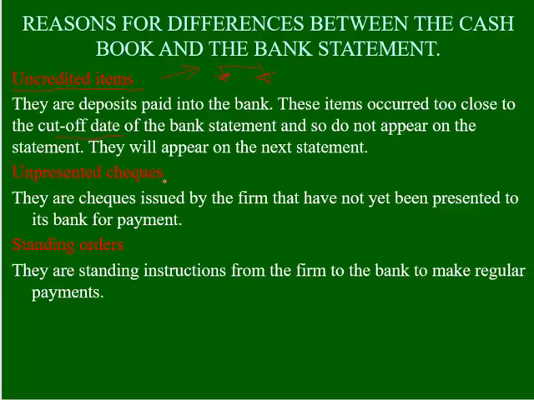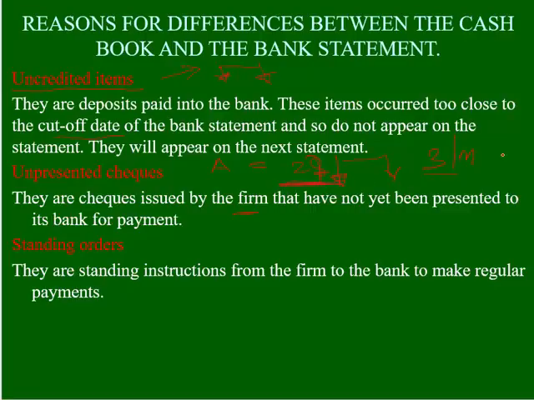The other one is unpresented check. These are checks issued by a company that have not yet been presented to the bank for payment. I'll give an example. Last time you gave Mr. A, let's say, a check on the 27th of February, for example, and Mr. A, instead of going to the bank immediately to lodge the check and collect the money, held the check till, let's say, the 3rd of March the following month, and you want to look at your balance as at February ending.